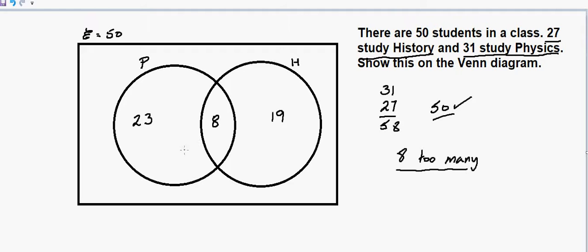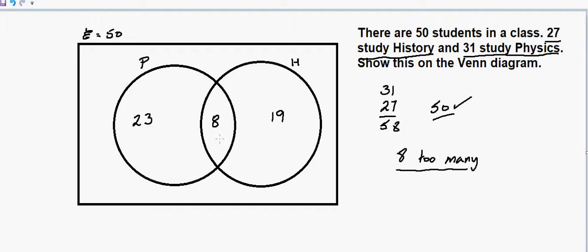So now we've shown that 23 are doing physics alone, 19 are doing history alone, and 8 are doing physics and history. Okay, it really is that simple. So find out how many you've got too many of, put them in the intersection, but don't forget them.